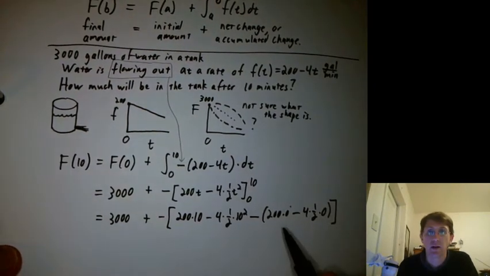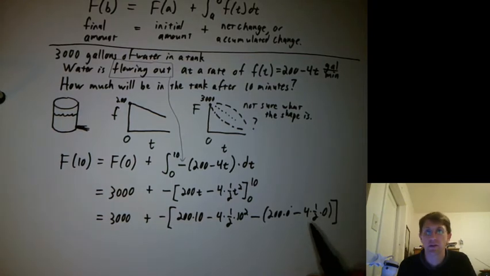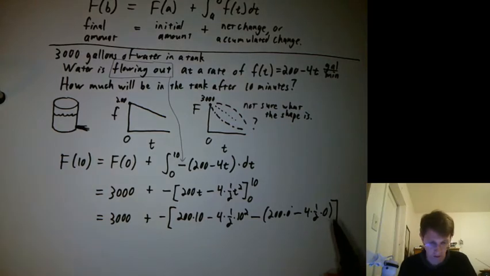Now I would have been okay if I didn't have the parentheses because this was all 0 anyway, but if I hadn't had a total of 0 in there, then I would have really needed those parentheses to make sure that this minus got distributed properly to that minus.